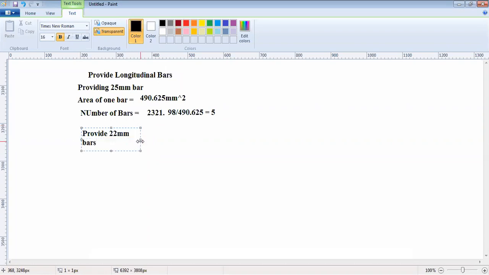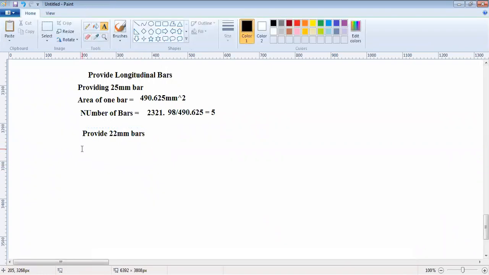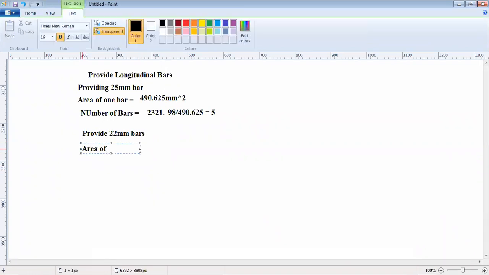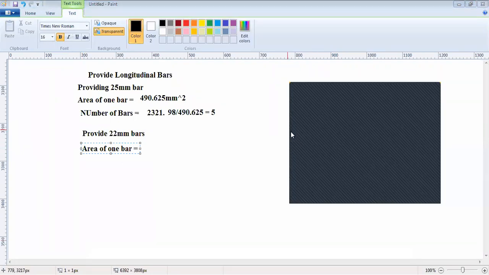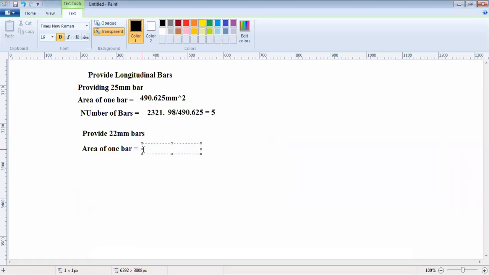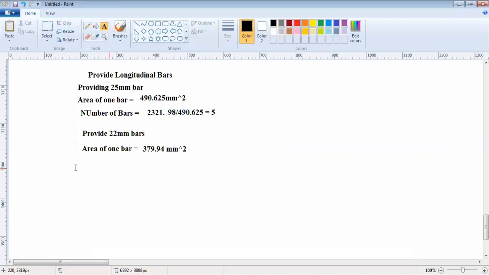That would mean the area of one bar would now be 379.94 mm square.